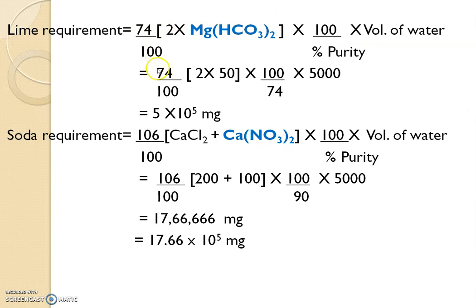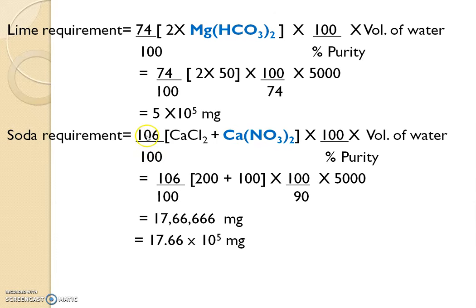So 74 by 100 into 2 into the magnesium bicarbonate calcium carbonate equivalent, which is 50, and 100 upon percentage purity. For the lime, 74 is given and the volume of water is 5000. So this will give 5 into 10 to the power 5 milligram. This is the lime requirement.